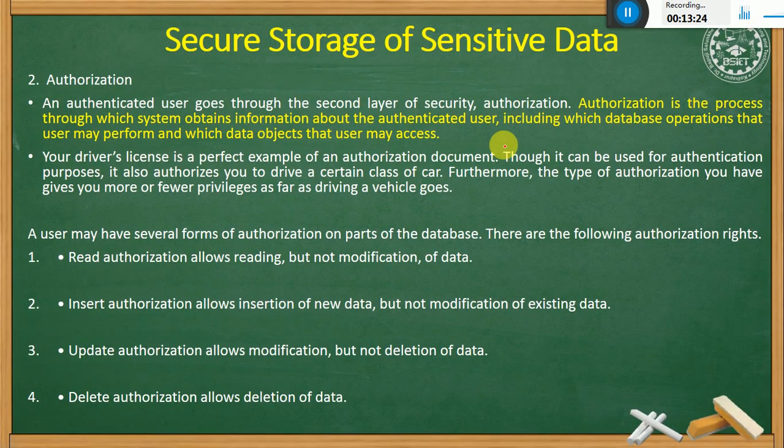And authorization is a process to verify that the user is authenticated. It is a process of checking that the user who is accessing the system is authenticated, meaning he must have a proper username and password. If it matches, then he can get access. So it is called authorization.